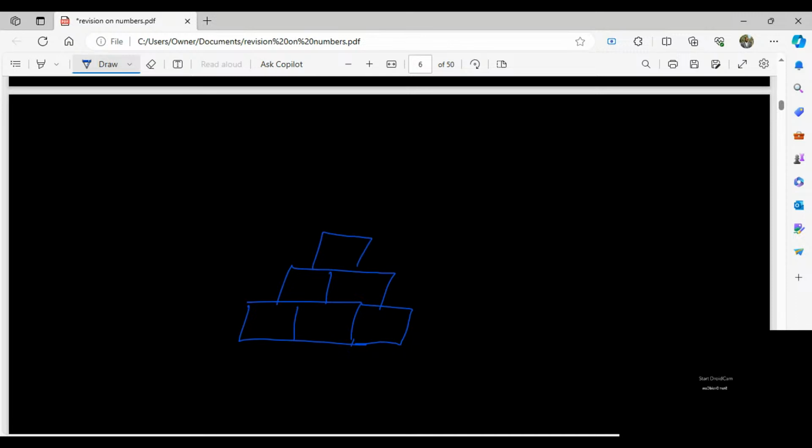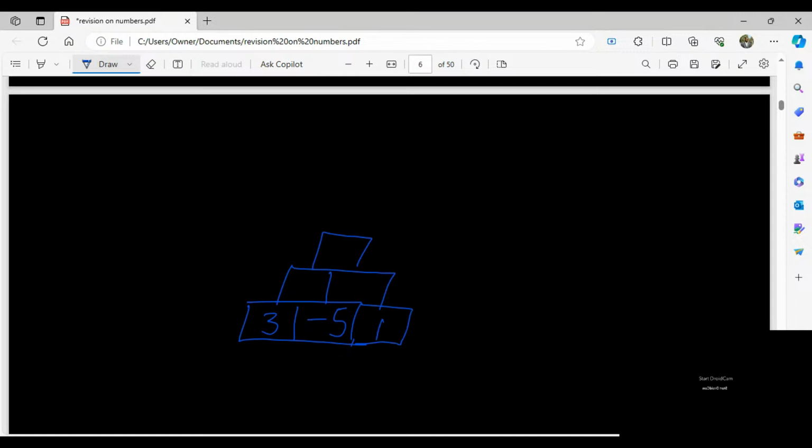I'll put some numbers here. I'll put 3, minus 5, and 1. So here I'll put a 3. Then I'll put a minus 5 here. Then here I'll put a 1.